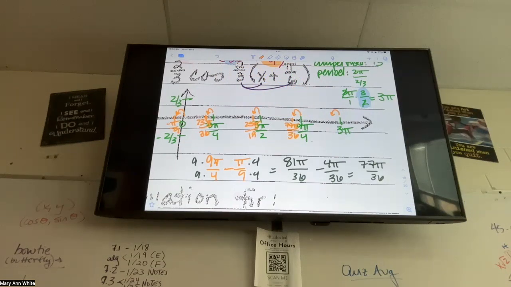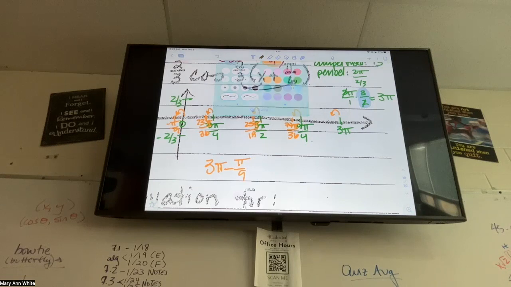And then last we'll do 3 pi minus pi over 9. Think of that as 3 pi over 1, so multiply by 9 to get 27 pi over 9. Minus pi over 9 is going to be 26 pi over 9.